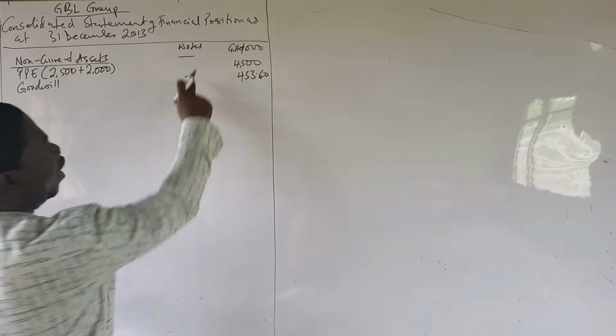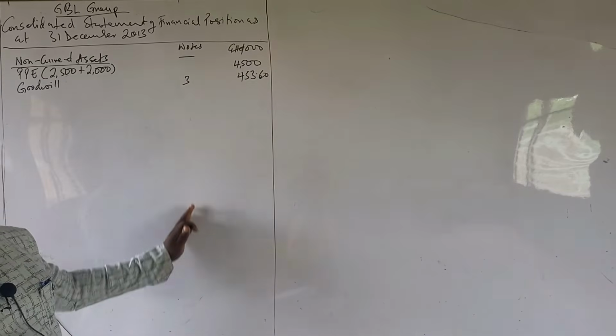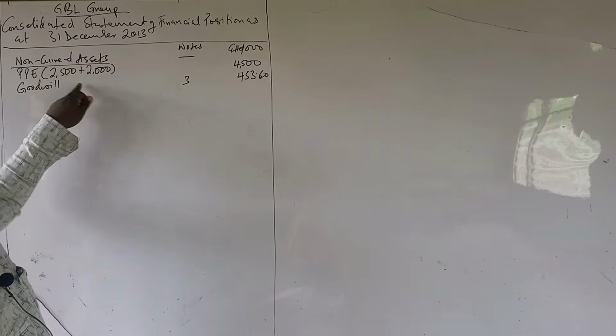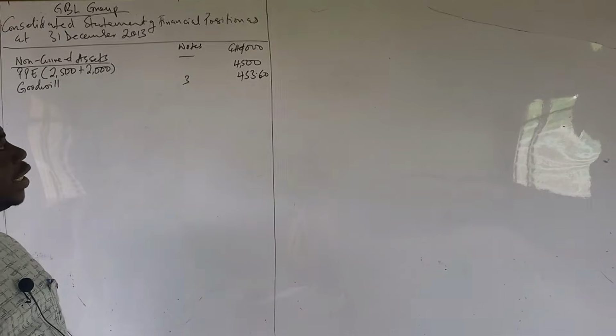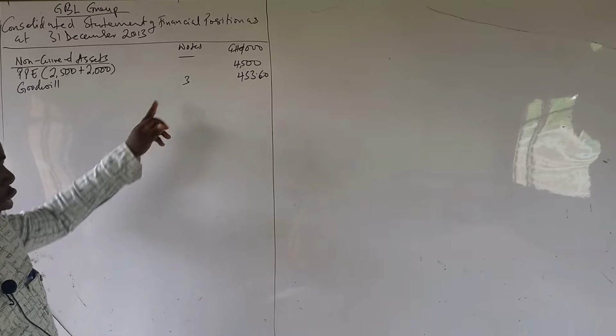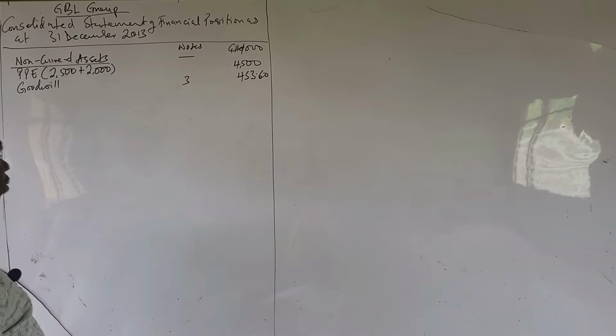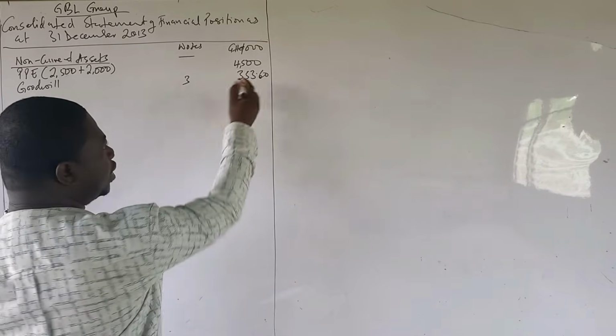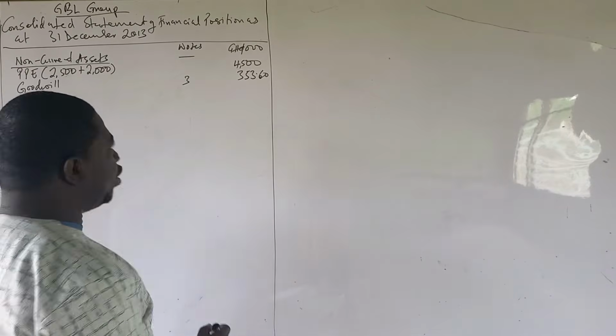So the notes that I have put here is there to cater for the workings. So please take note. Note 3 means working 3. I could have put into bracket W3, but I'm saying 3 under note so that you know that this is from working 3. Sorry, the value is 353.60 for goodwill.